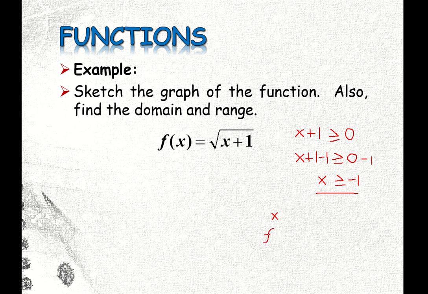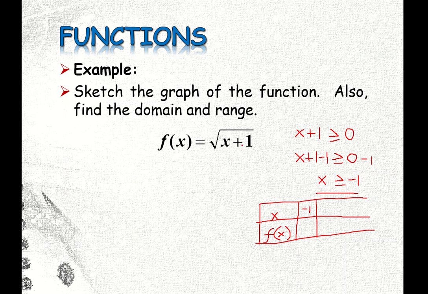So you have x and f of x, then you tabulate the values. When x is equal to minus 1, what is your f of x? Minus 1 plus 1 equals 0, and the square root of 0 is also equal to 0.